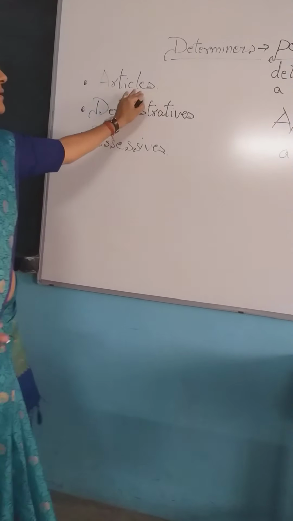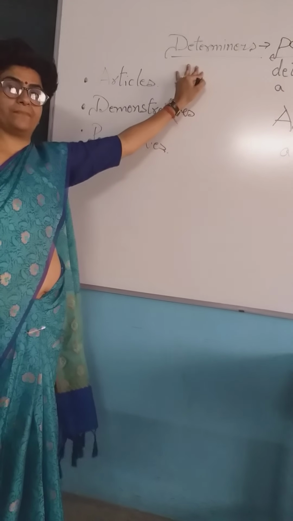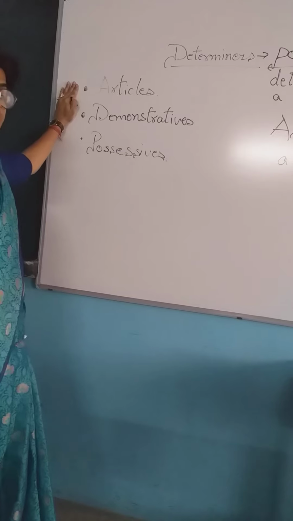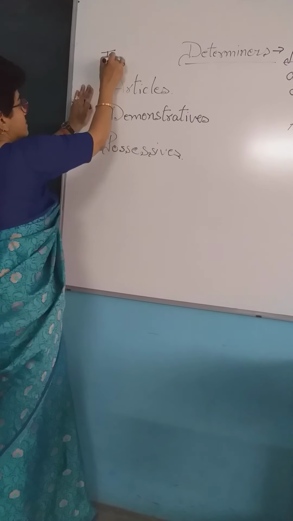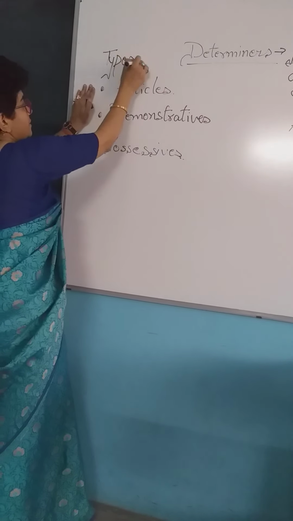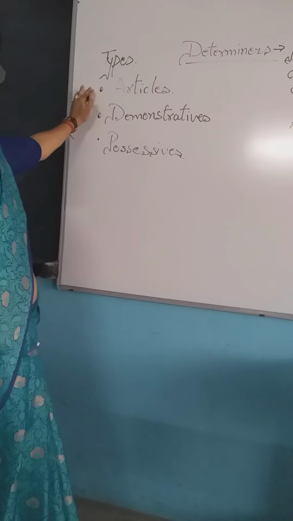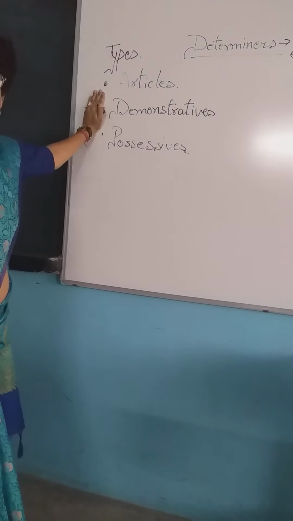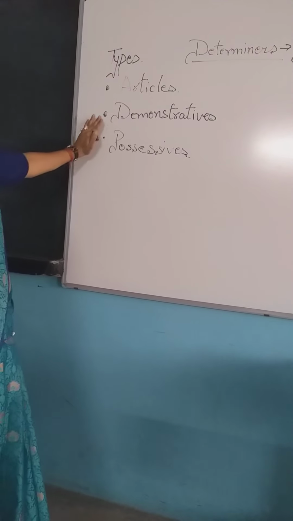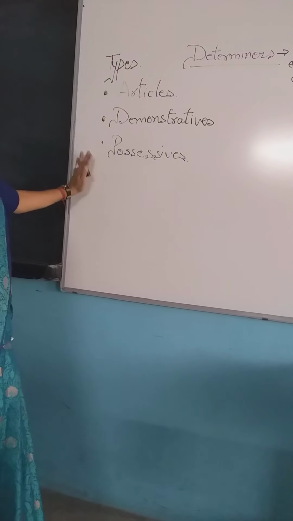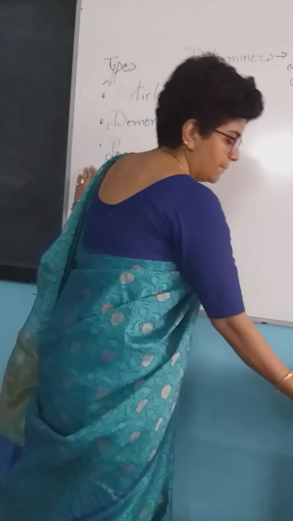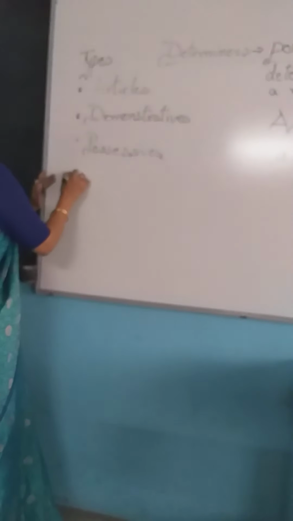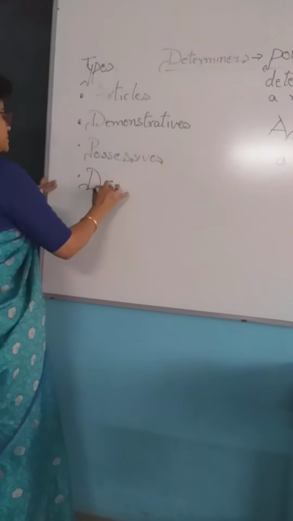Now comes, determiners are many. Some of the determiners are articles. These are types of determiners. The first type of determiners is articles. Then comes demonstratives. Then we talk about possessives, and then distributives.